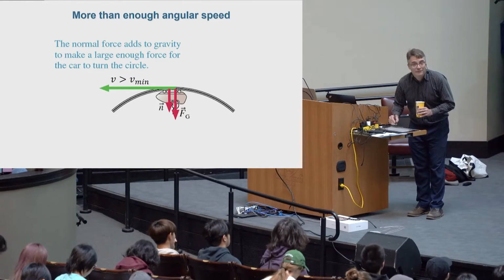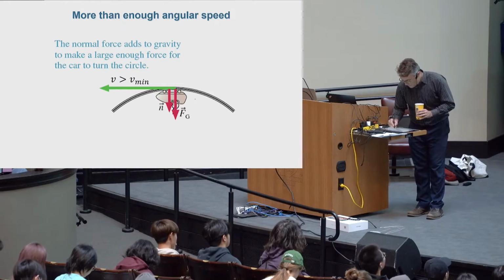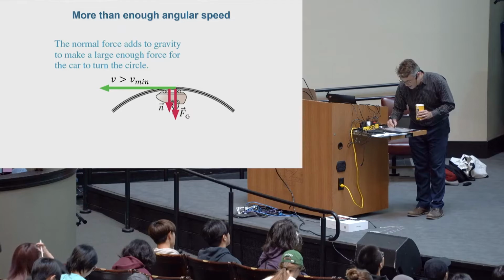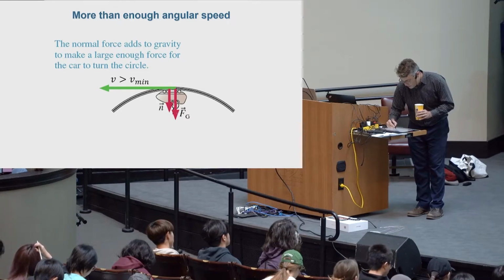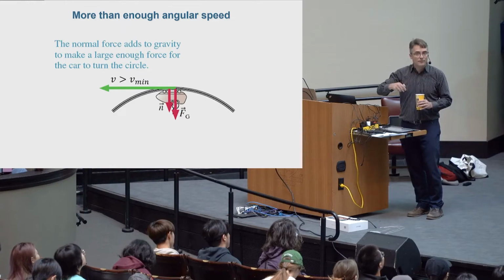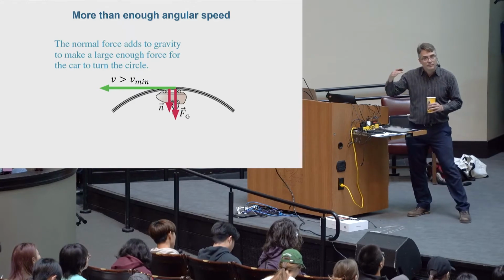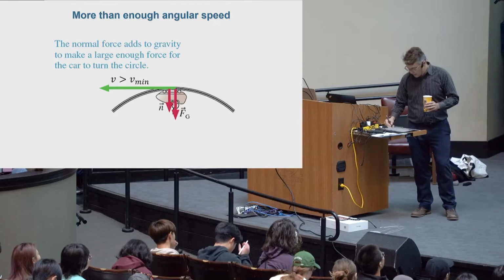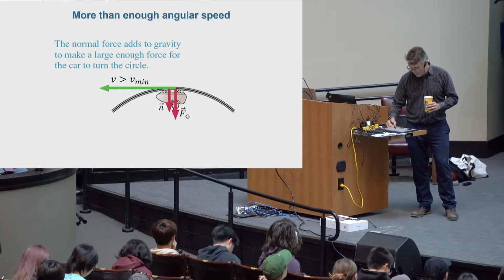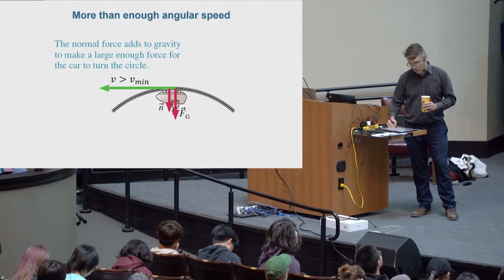If you drive fast enough, then when you're upside down at this exact instant, your velocity is so fast that you don't just need gravity, you also need a normal force pushing down to keep yourself from going in a straight line. This path is so curvy that in order to go in a straight path, you have to be pushed down by the extra normal force.